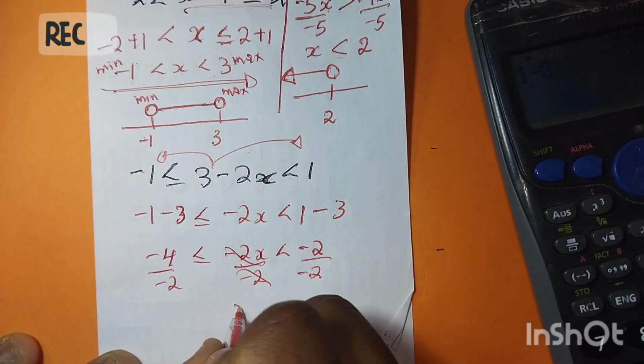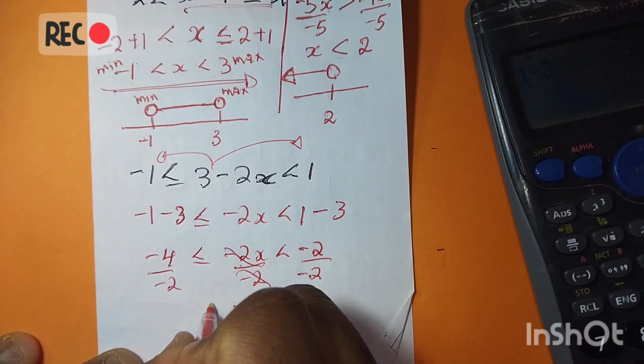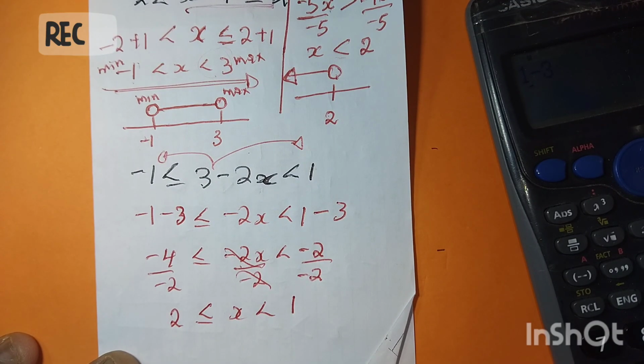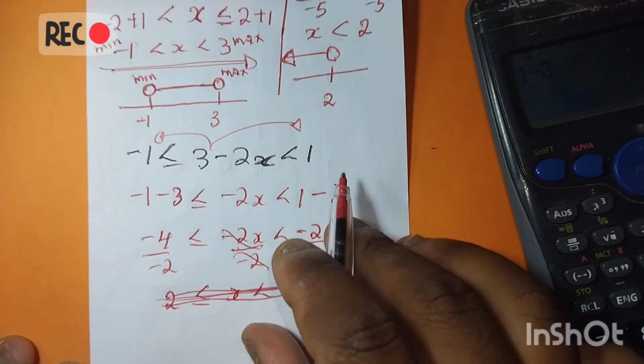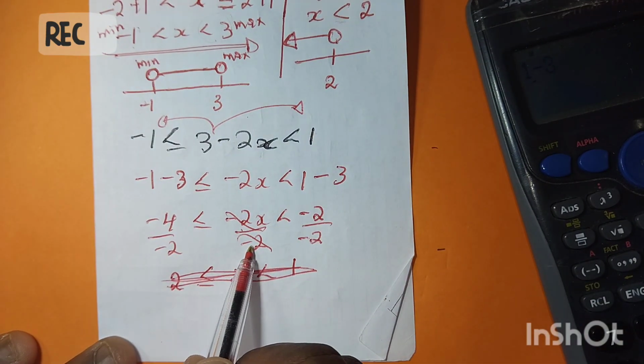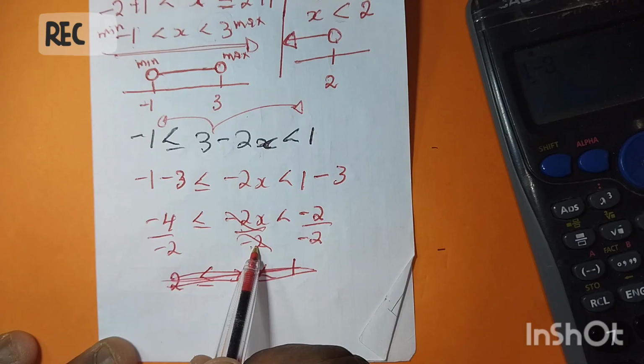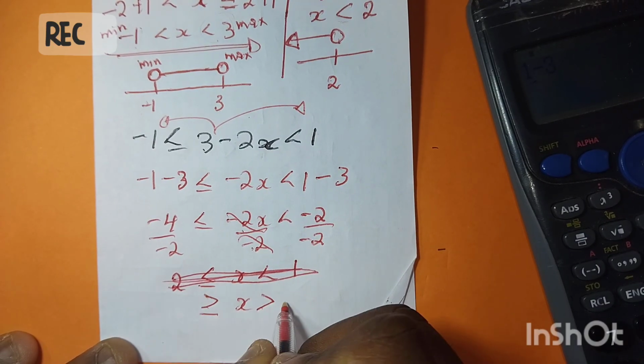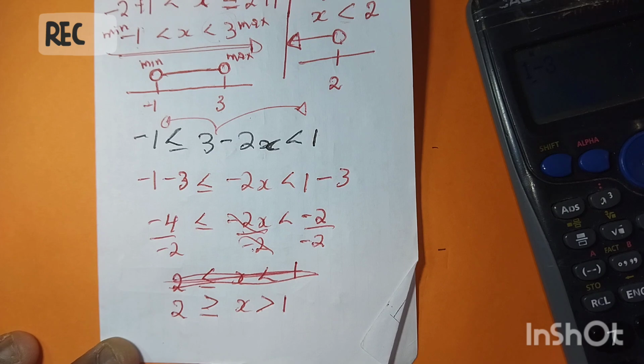This cancels, x there, this will be 1, and here it will be 2. Do you see? Yeah. But now, guys, I made a mistake here. Remember, when you divide with a negative number, the inequality sign will change direction, like this. There it's 1 and that one there.